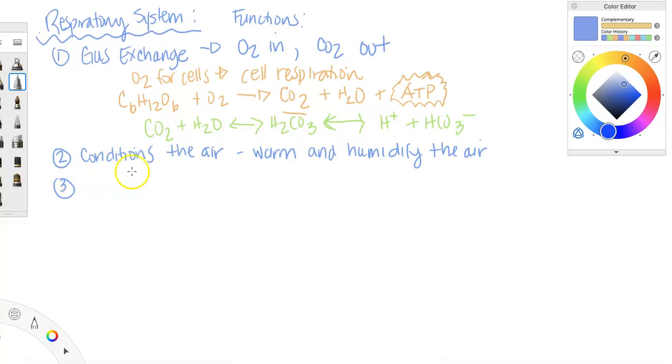The respiratory system allows us to communicate, so talking. So the vocal cords are basically air moving them, kind of like flaps.